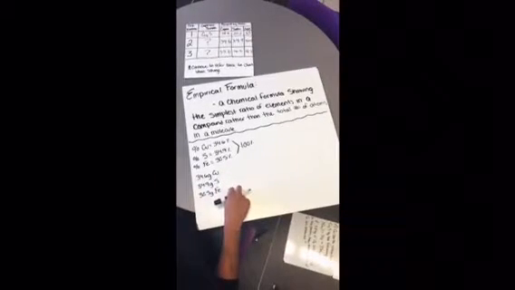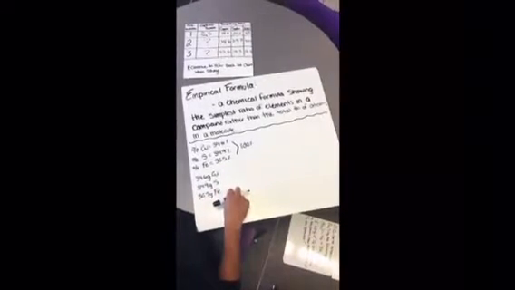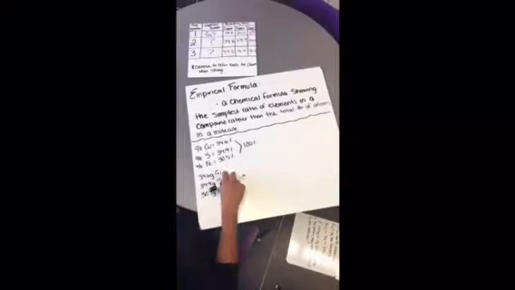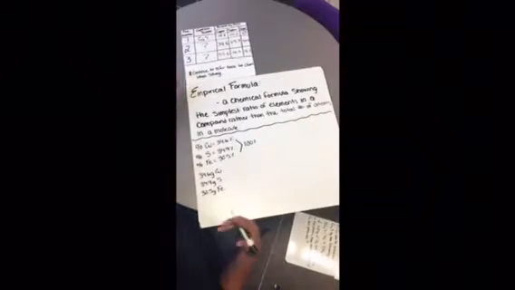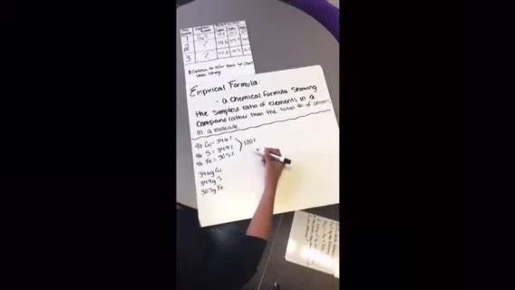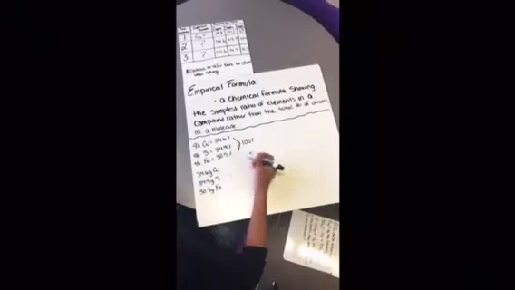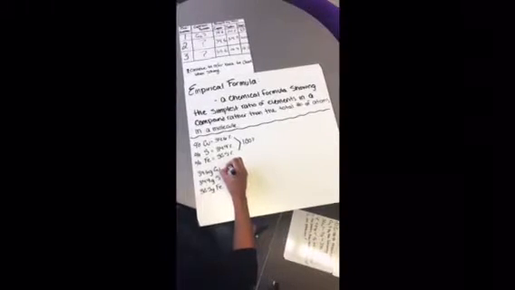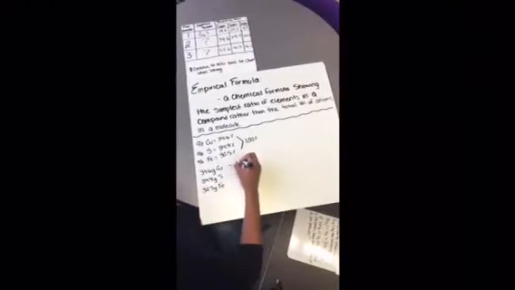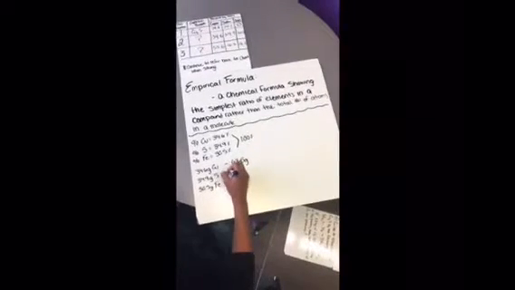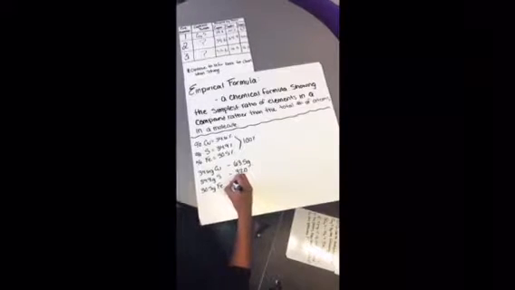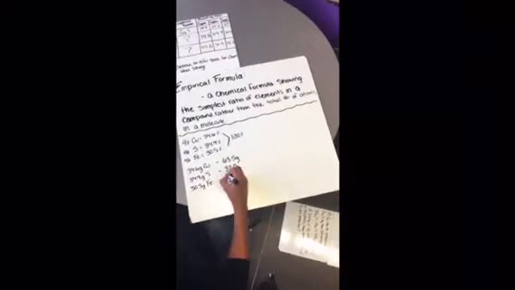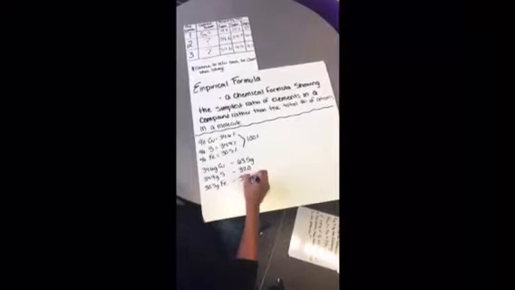Now, since we have the total number of grams of each, we're going to take each one and divide them by the weight of what they weigh on the periodic table. So, Cu is 63.5 grams, sulfur is 32.0 grams, and iron is 55.8 grams.